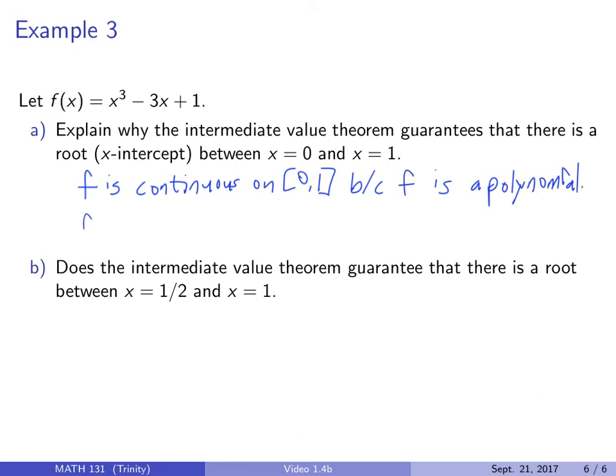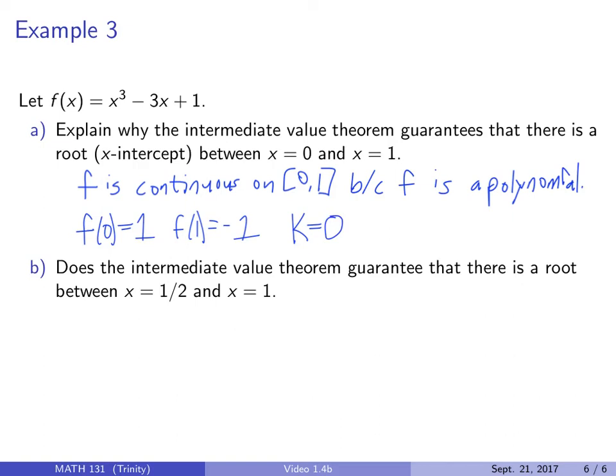Now I need to check the value of my function at both of the endpoints. So if I plug in f of 0, I end up with 1. And if I do f of 1, I end up with negative 1. Since one of these values is positive and one of them is negative, that means between them is the value k equals 0.